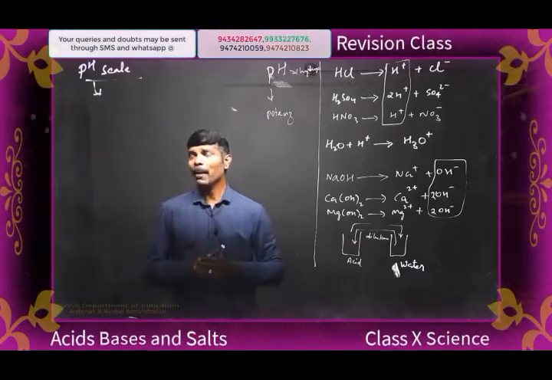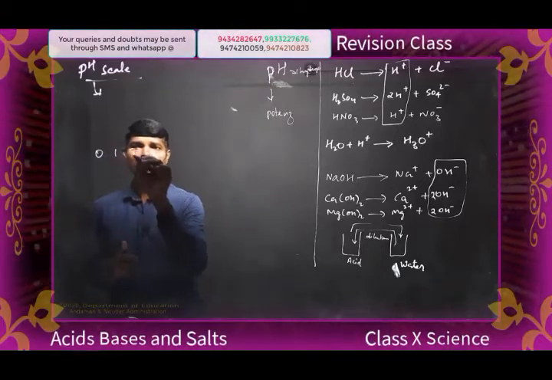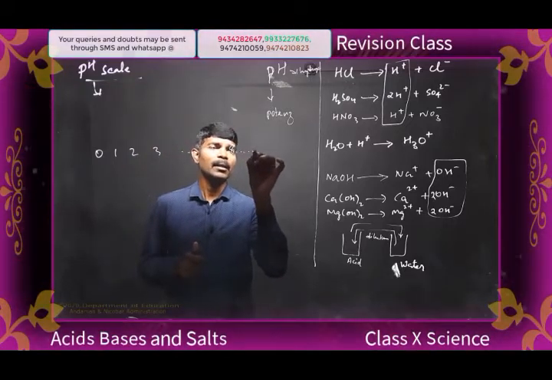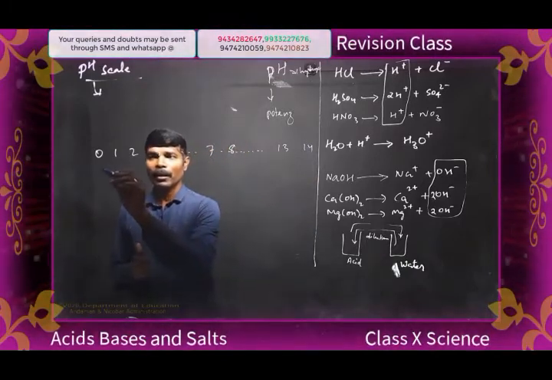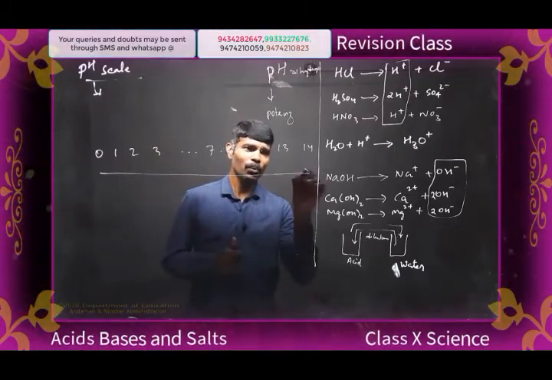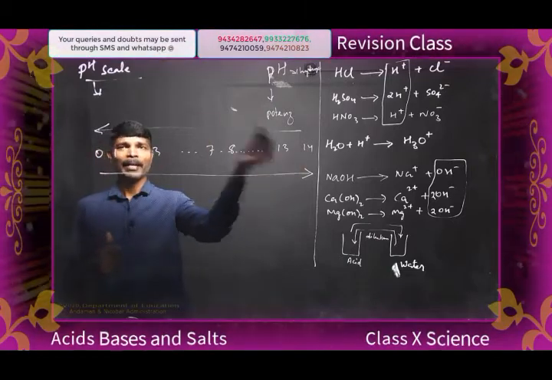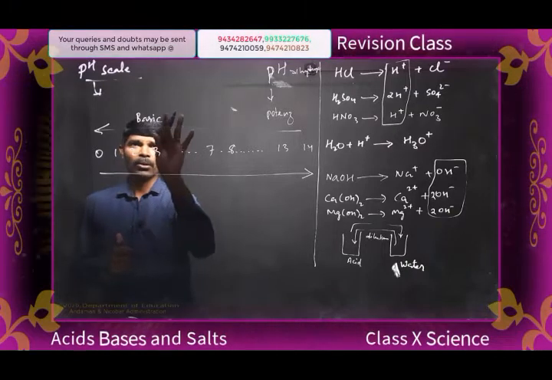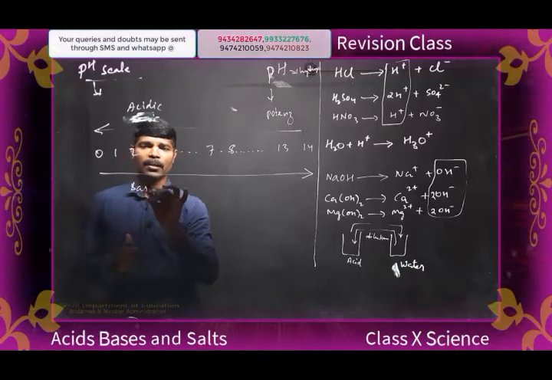This pH scale has 14 values starting from 0, 1, 2, 3, like that, 7, then 8, up to 13 and 14. Dear students, the acidity decreases when we go from left to right, and the basic nature decreases from right to left. So we can say this side is acidic and this side is basic.